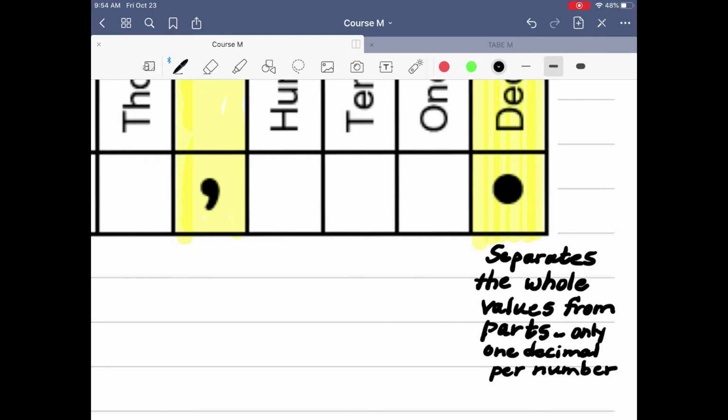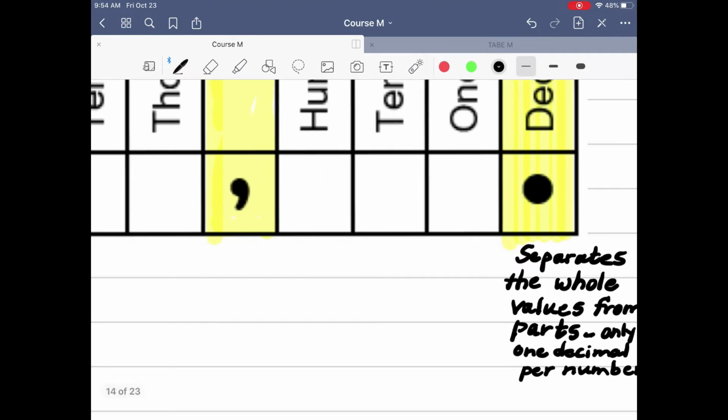I'm going to change my pen size just a little bit. That's very hard to read, so I'll make it easier to read. So what about the commas?